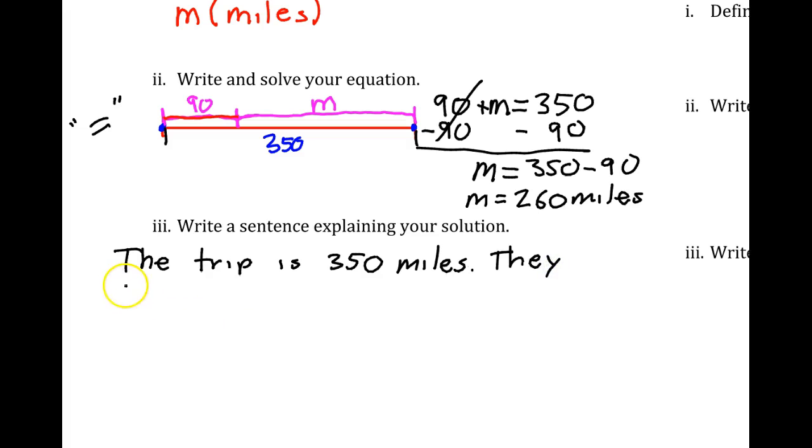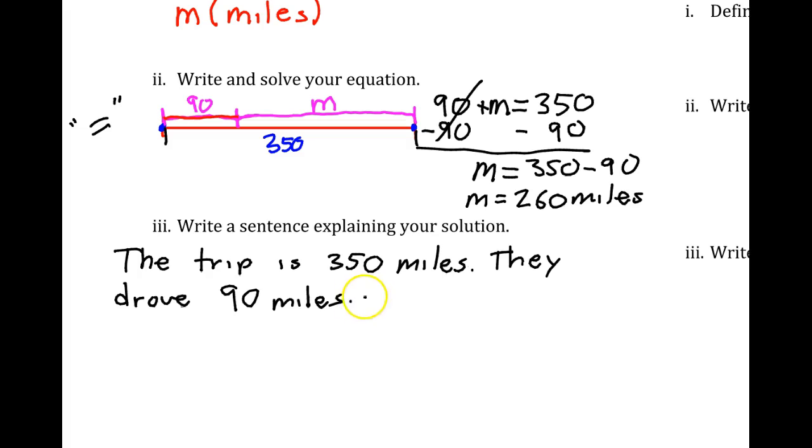We drove 90 miles, right? That's just restating the question basically, what it said. It said we have a trip that's 350 miles, we've already driven 90 miles.